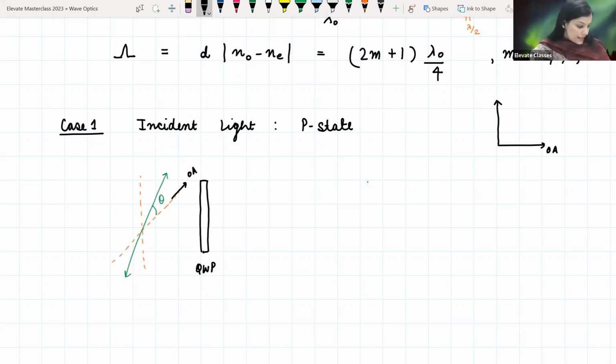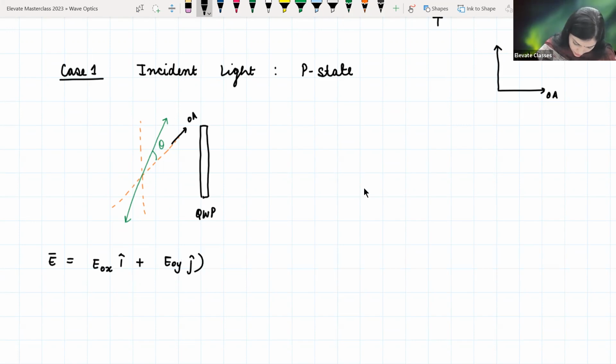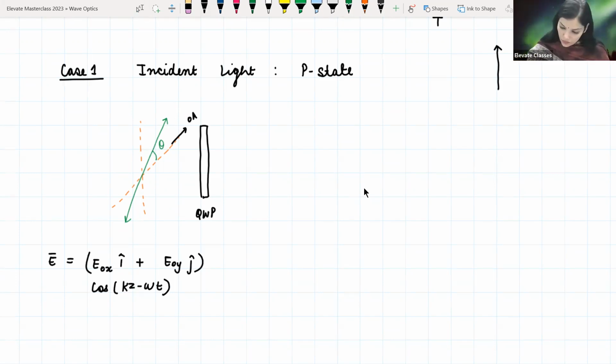So first let us write the electric field of the P state. The electric field is E0X i cap plus E0Y j cap, the whole thing multiplied by cos of kz minus omega t. Okay, so this is what is incident.